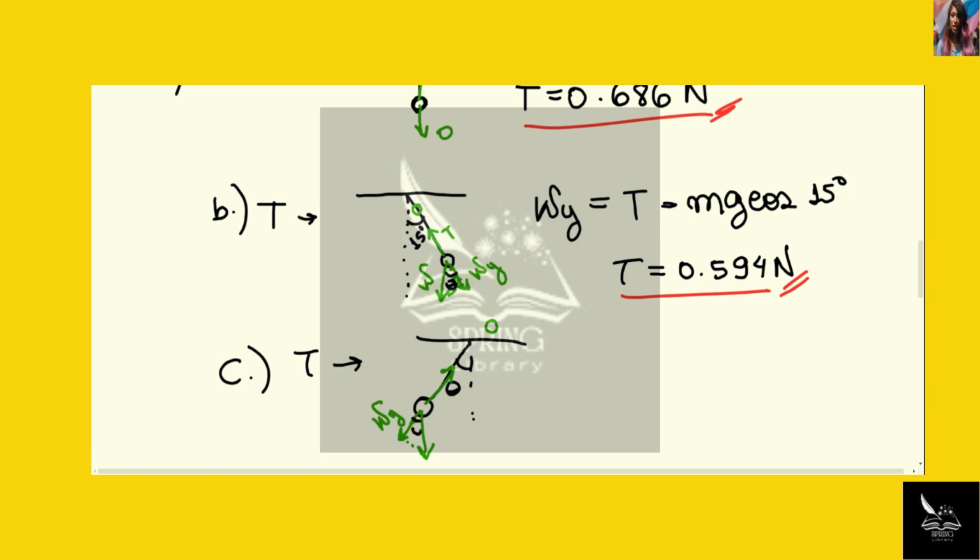The angle here is also theta, so it's going to be the same thing as we did for dB. So T is also going to be equal to 0.594 newtons.